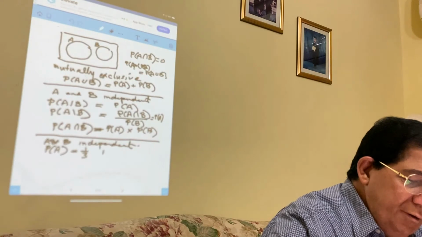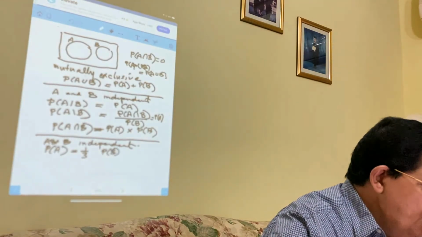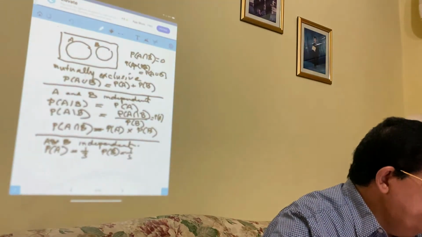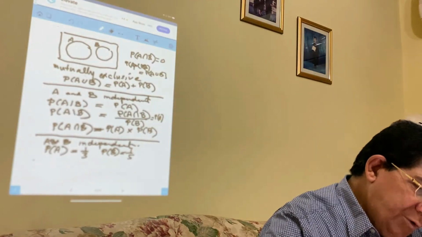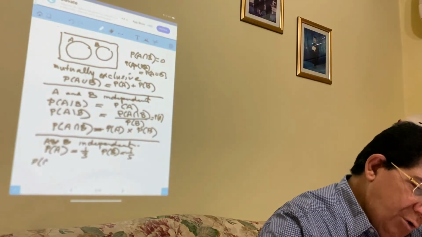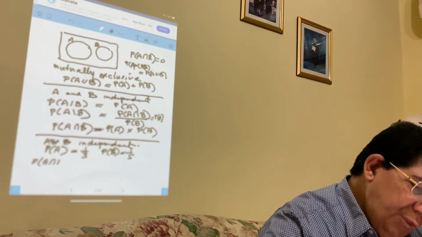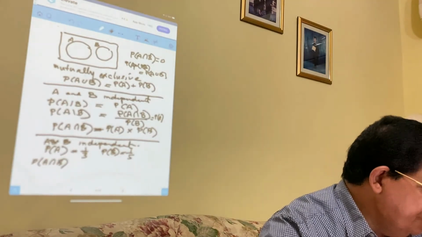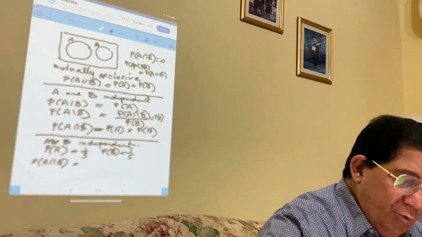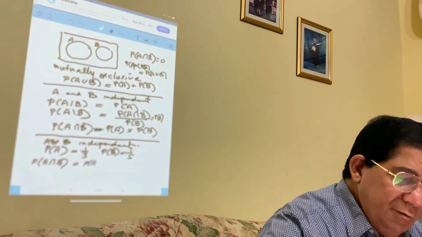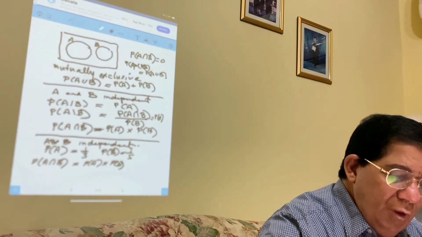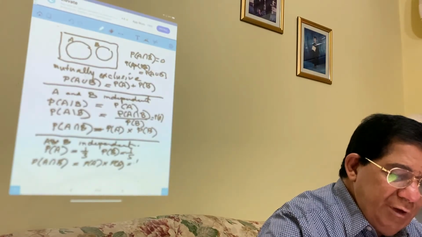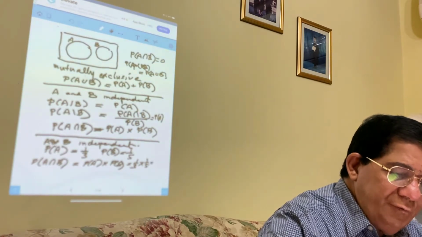The probability of B is 1 over 5. We want to find, first, the probability of A intersection B. This is equal to the probability of A times the probability of B, which means 1 over 3 times 1 over 5, that is 1 over 15.